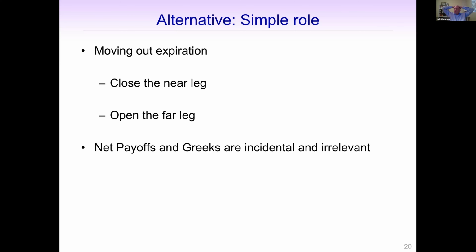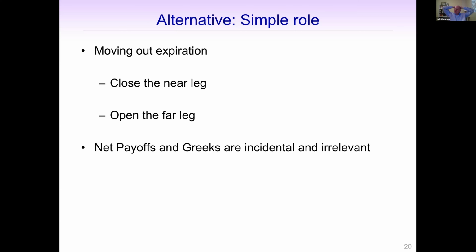One reason to trade a calendar spread is that one of the options is coming close to expiration, and you want to adjust the expiration of a simple options position.